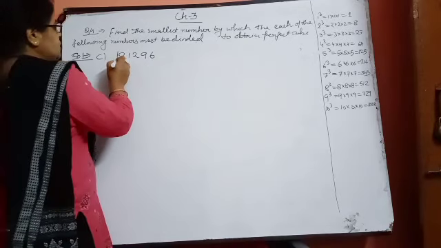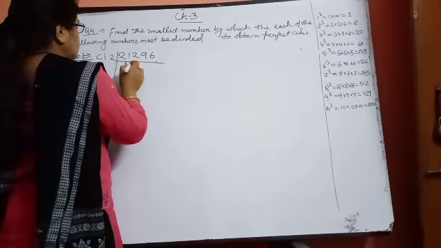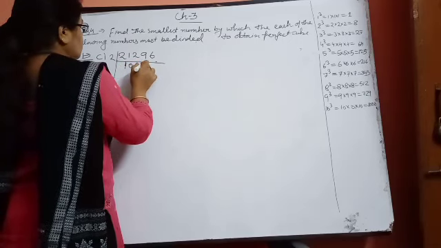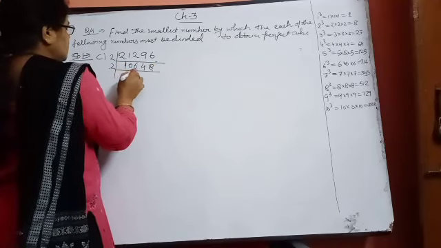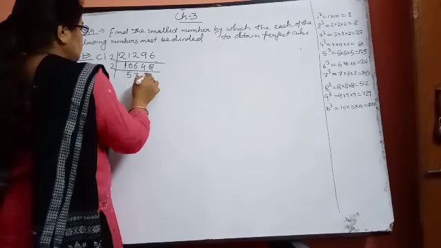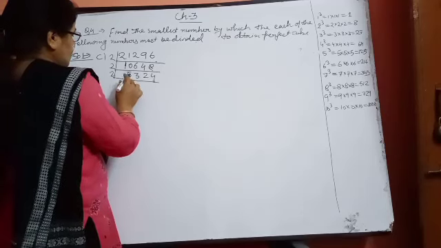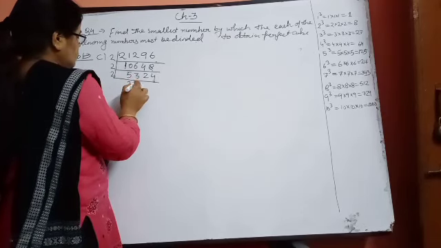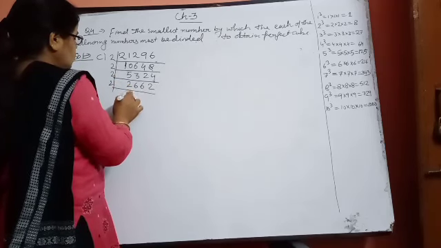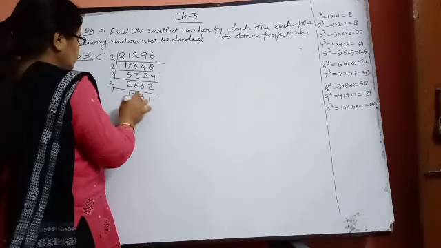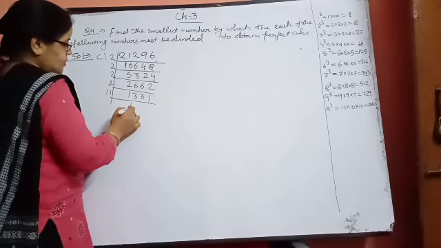So do the prime factorization of this number. 2 1s are 2, then 1 will come down, then division will not be possible. 2 6s are 12, 2 4s are 8, and 2 8s are 16. Then by 11 it will be.